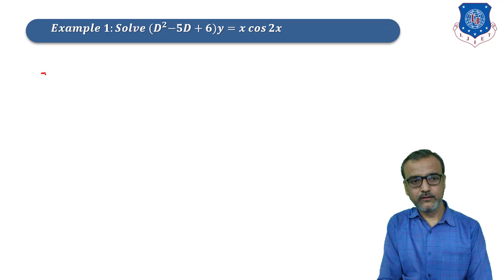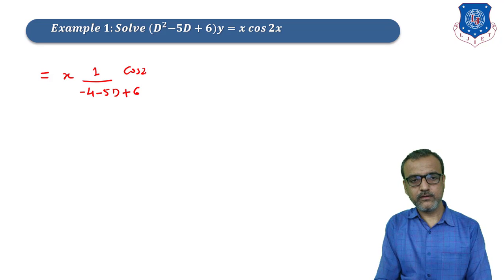So this is equals to x, 1 upon replacing d square by minus 4, minus 5d will be as it is, plus 6 will be as it is. Here we have cos 2x, then after minus sign, over here we have 2d minus 5.